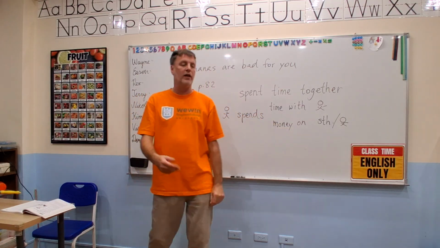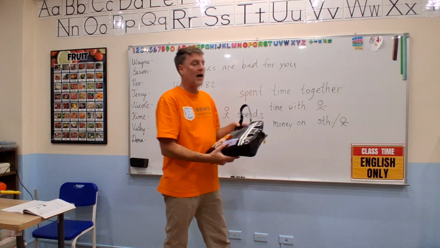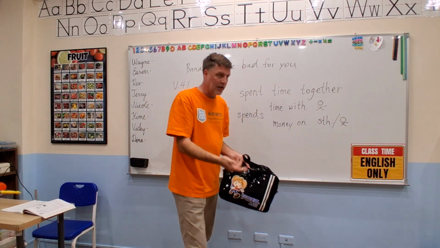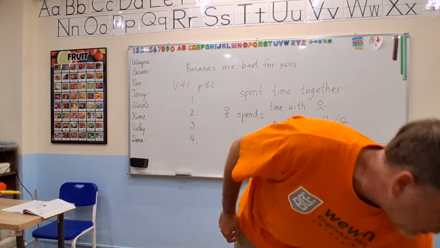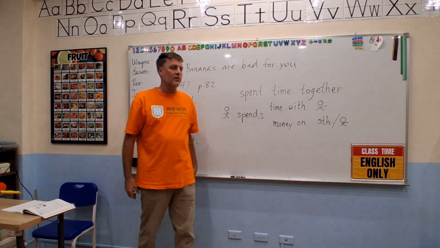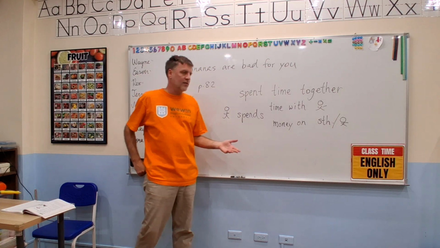So for example, if I just check your bag, I could say, oh, how much does it cost? How much did you spend? It's the same. Money, right? Vicky, do you like to spend time with your friends? Yeah. Do you spend time with your friends on the weekend?